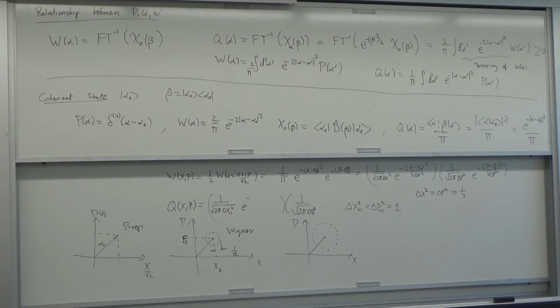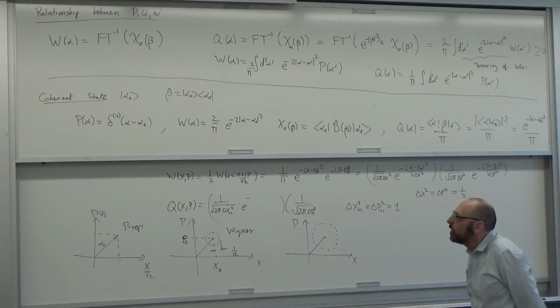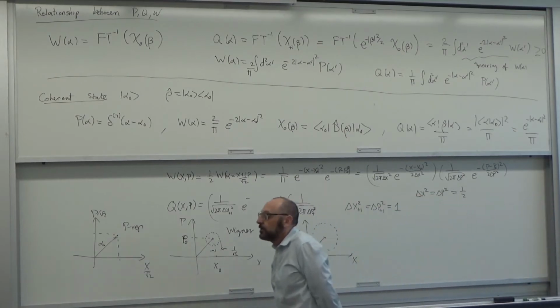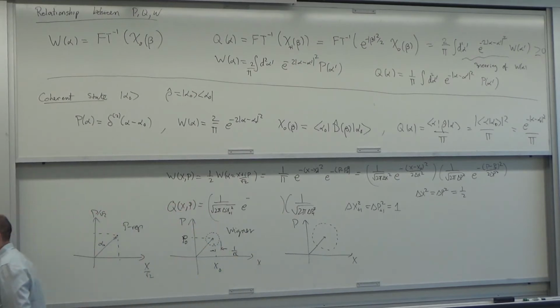Yes, sir? All the information's still there though, right? If we do some math, we can... It is. All the information is still there. It's a question of how we interpret what these distributions mean. In the same spirit, as you know from your elementary quantum mechanics, when you think about wave mechanics, you could talk about the position space wave function or the momentum space wave function.